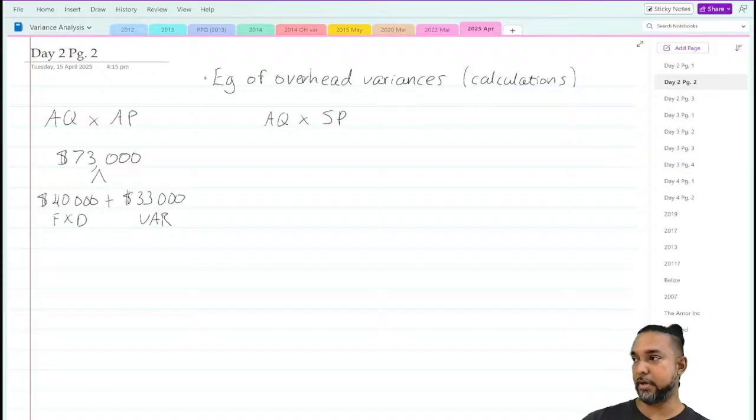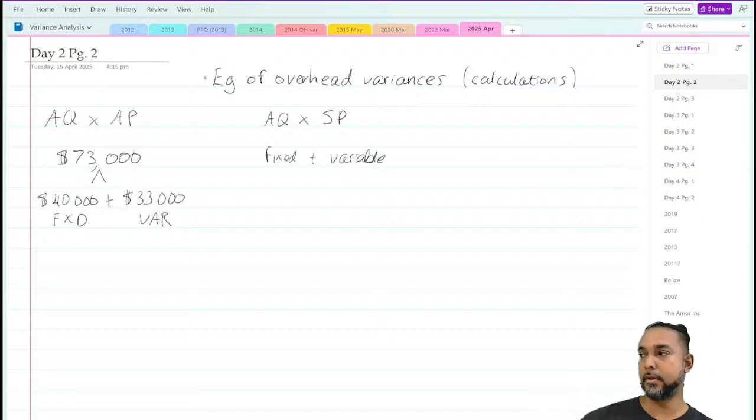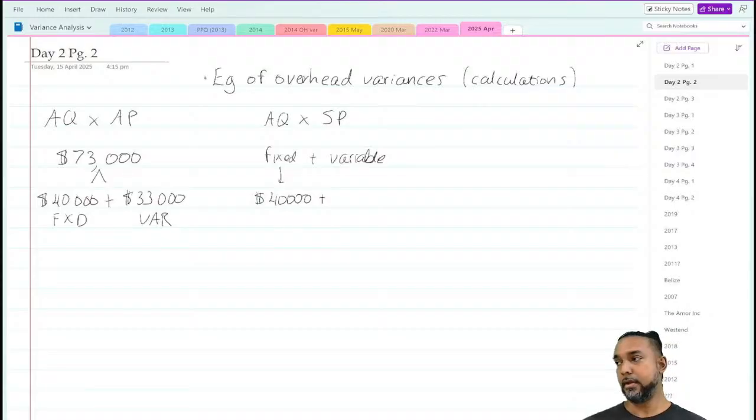Now, with this next one for actual quantity by standard price, we're again looking at fixed plus variable. Of course, the fixed is still the 40. That didn't change. What we have to figure out now is this piece here: how much should we spend on variable overheads?